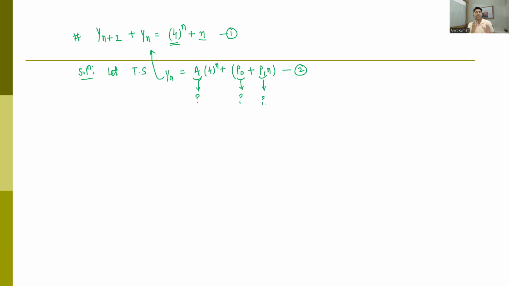That means there is one term where 4 power n is common, which will be compared with the first term. Then all the constants will be compared with P0, and all the terms having n will be compared with this term. So this is how the simplification can be done.